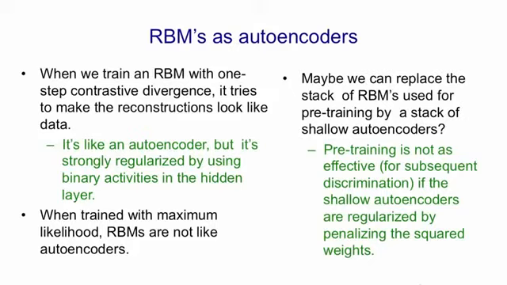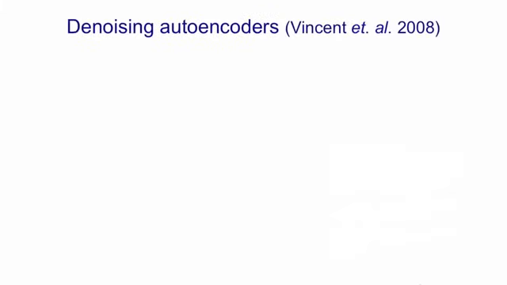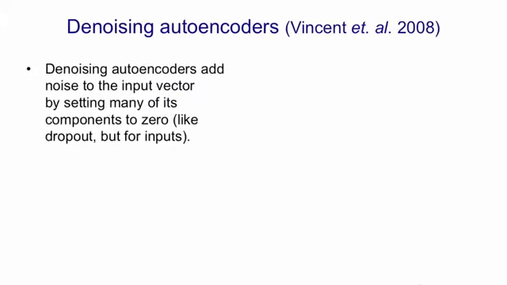So stacking these autoencoders doesn't work as well as stacking restricted Boltzmann machines. However, there's a different kind of autoencoder that does work as well, and that's the denoising autoencoder that's been studied extensively by the group in Montreal. Denoising autoencoders work by adding noise to each input vector by setting many of the components to 0, but it's different components for different input vectors.